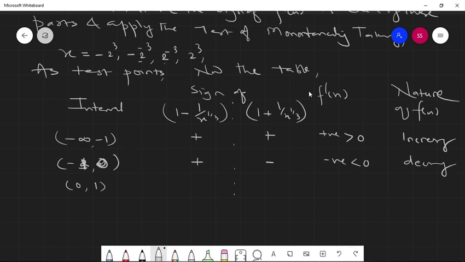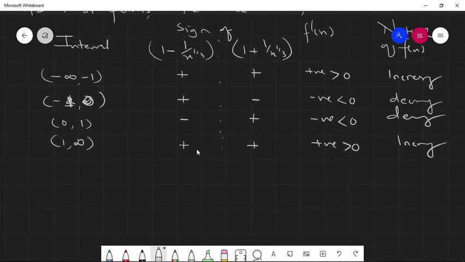Testing with 2 to the power minus 3, which is 1 by 8, here we obtain the negative result, here we obtain the positive result. The product is negative, smaller than 0, the function is decreasing. Similarly, for 1 to infinity, if we take 2 to the power 3, here we obtain positive, here also we obtain positive result. The product is positive, greater than 0, the function is increasing.